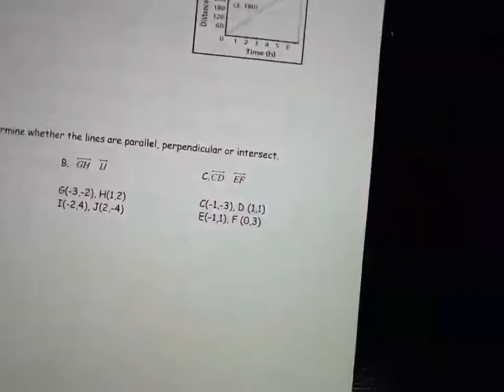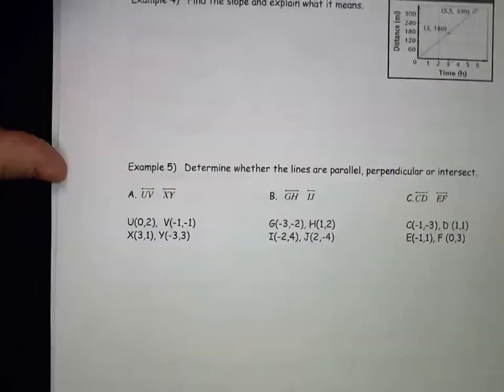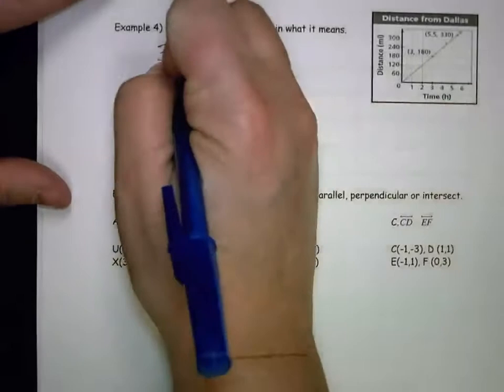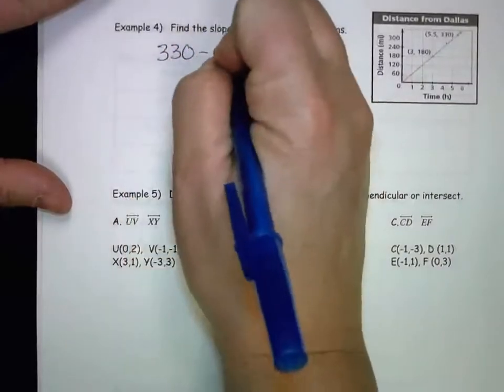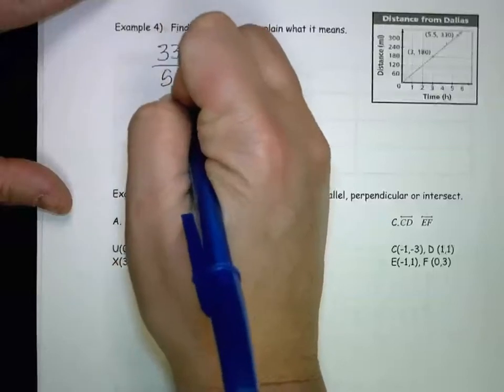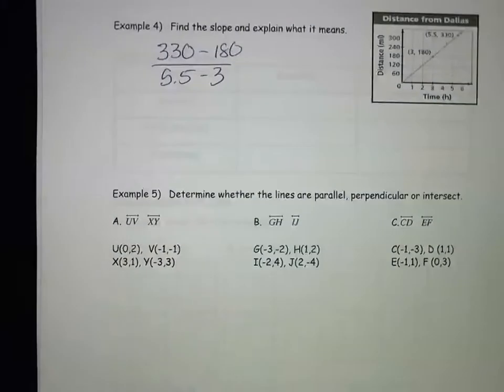So our next example, we are asked to find the slope and see what it means. So for slope, I am going to do 330 over 180, and then over 5.5 minus 3.